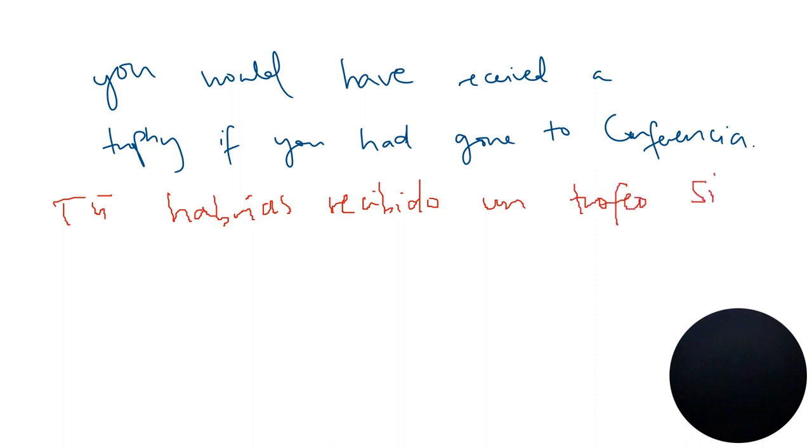And now we have our if. If you had gone, past perfect subjunctive, si hubieras, and the past participle of ir would be ido, a conferencia. You would have gotten a trophy if you had gone to conferencia.